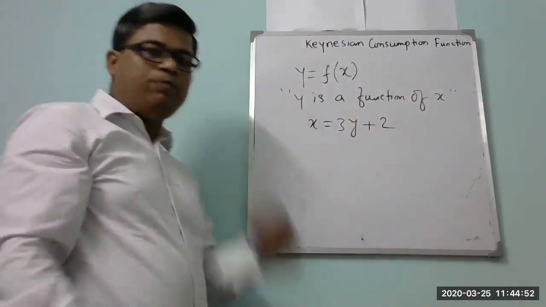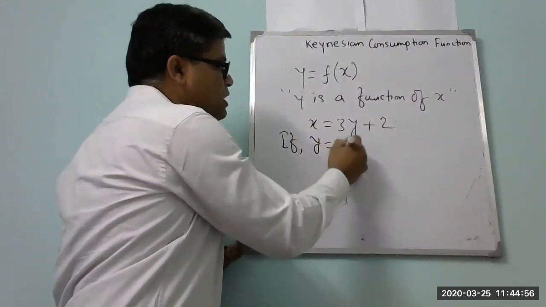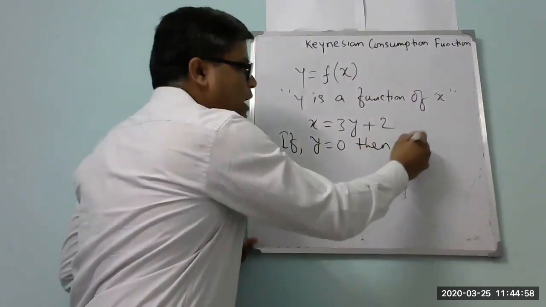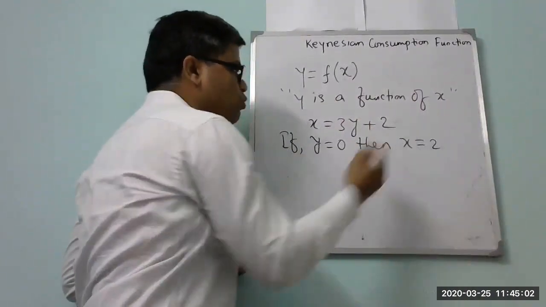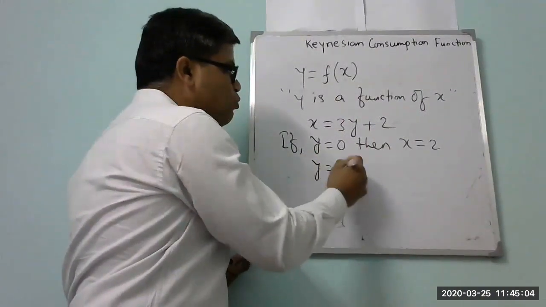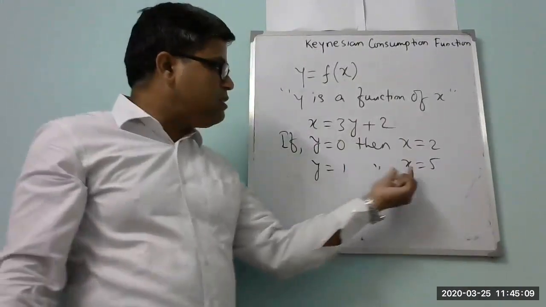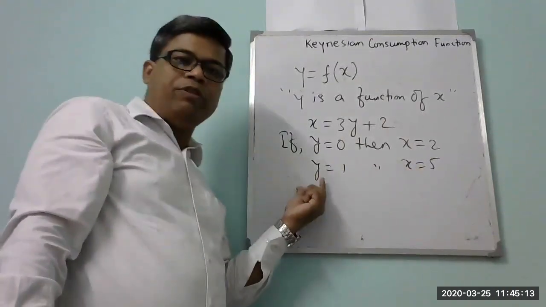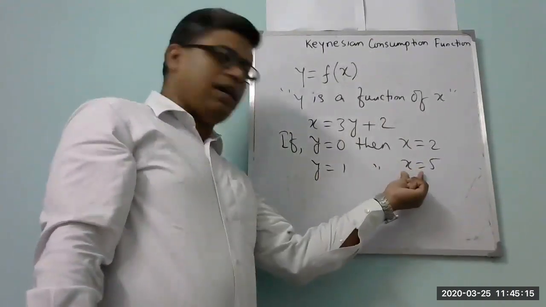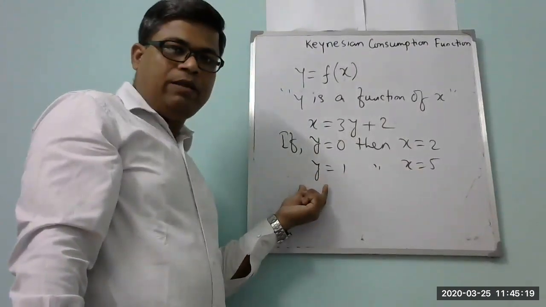If y equals 0, then x will be 2. If y equals 1, then x equals 5. It means here the value of x depends on the value of y. So x becomes the dependent variable, and y becomes the independent variable.